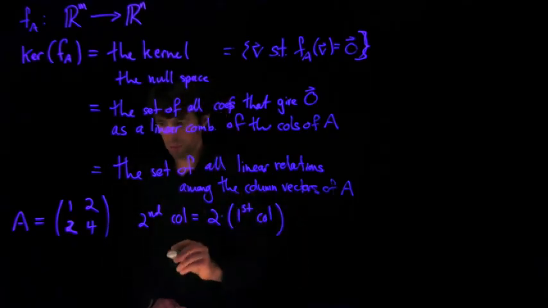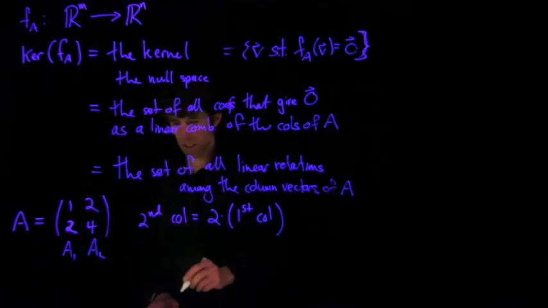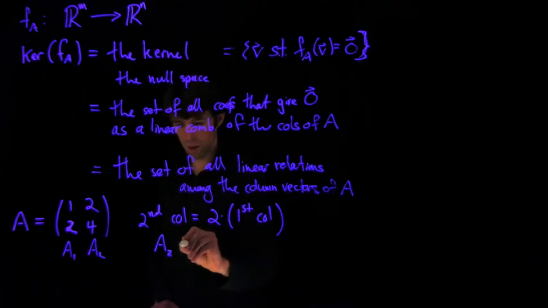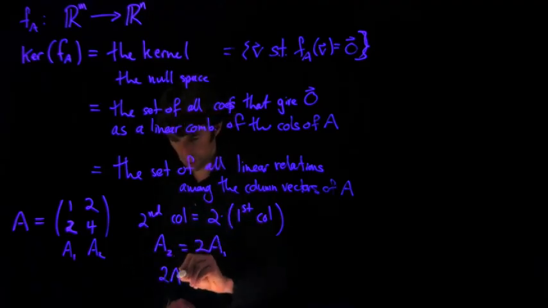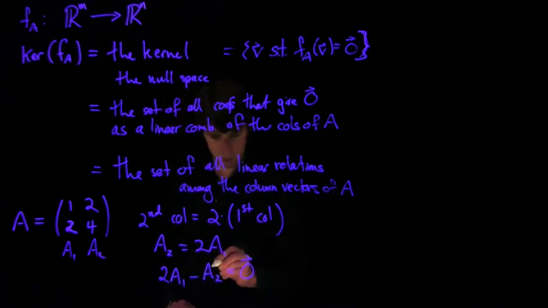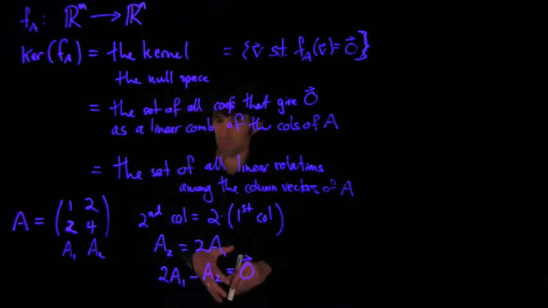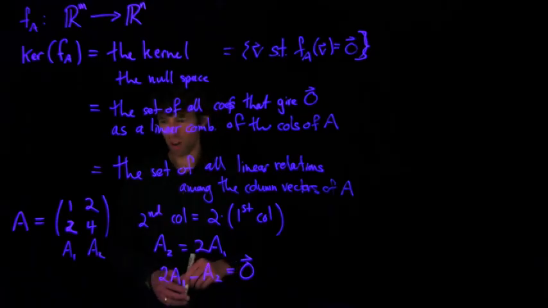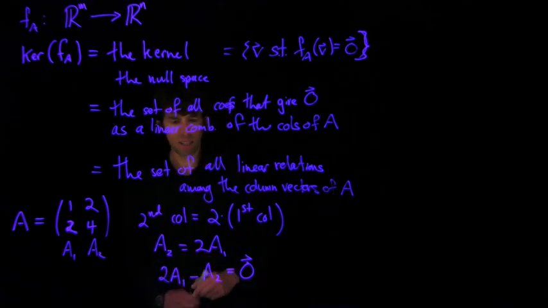If A1 and A2 are those 2 column vectors, I could say A2 is 2 times A1, or I could put it all onto the same side and say 2 times A1 minus A2 is the 0 vector of length 2. OK, so this is an example of a very simple linear relation among the columns. And this linear relation tells me that if I read off the coefficients here, the vector 2, minus 1 is in the kernel.